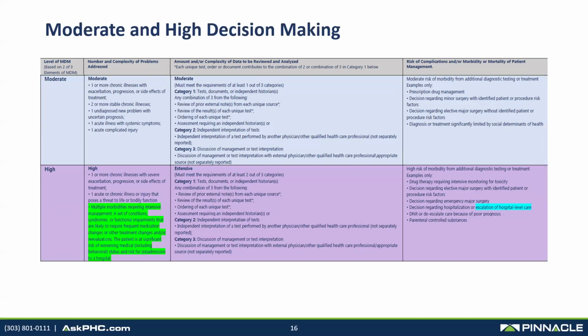So under moderate, the patient has one or more chronic illnesses with an exacerbation, a progression, or a side effect of treatment. They could have 2 or more stable chronic illnesses. They could have one undiagnosed new problem with an uncertain prognosis, or they could have one acute illness with some type of systemic symptom, or one acute complicated injury.